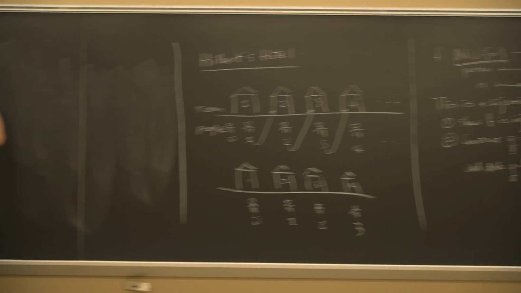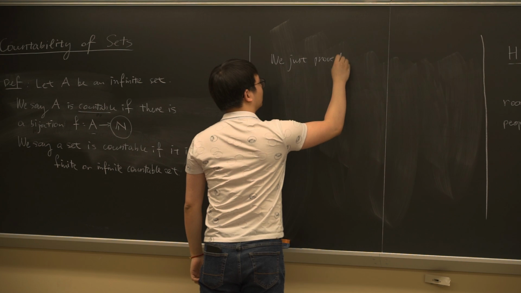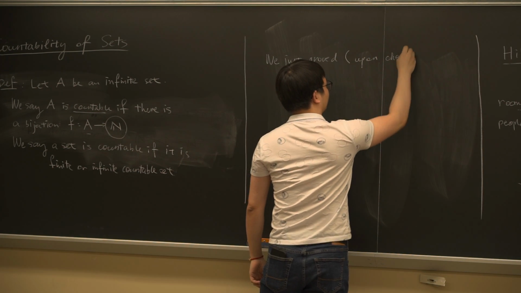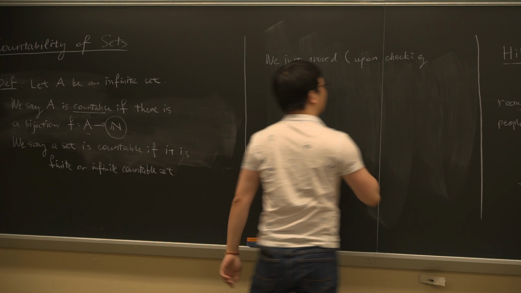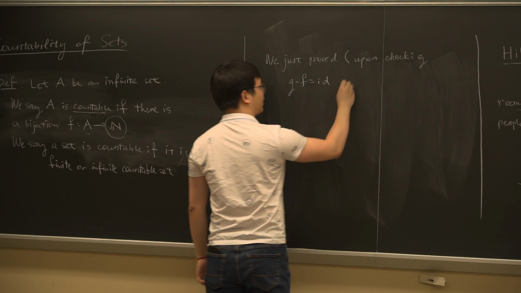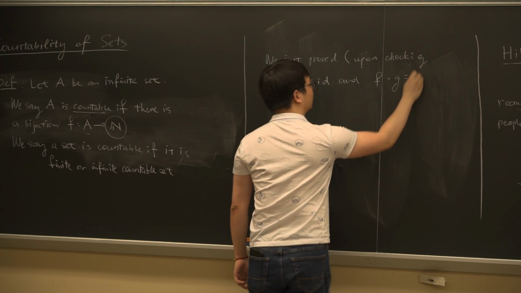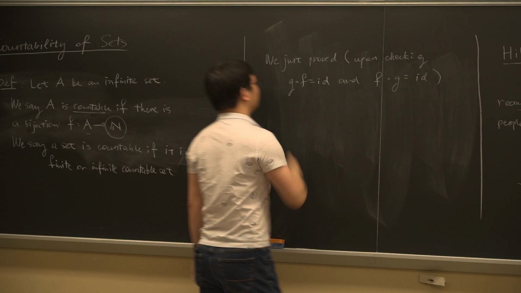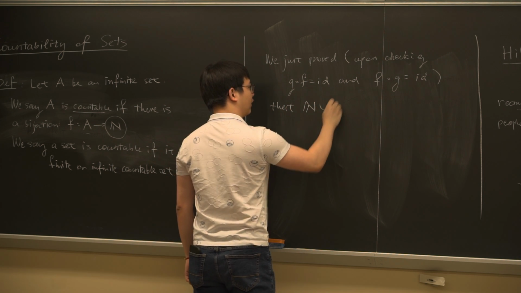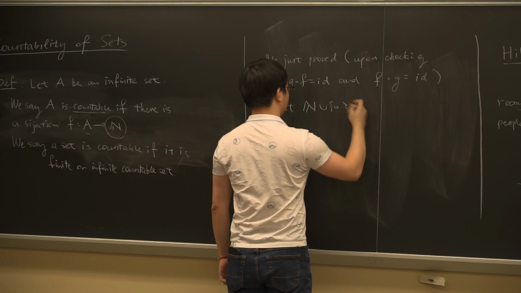So we just proved, we need some further check that we need to check that the compositions are identity. Then we have this natural numbers union 0 is a countable set.